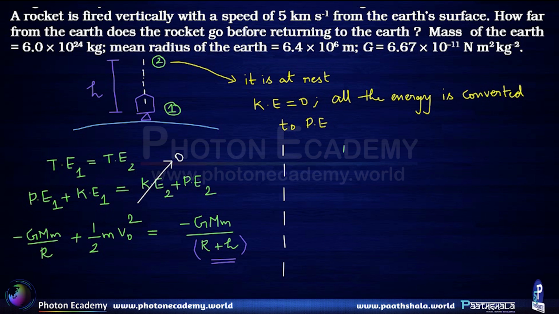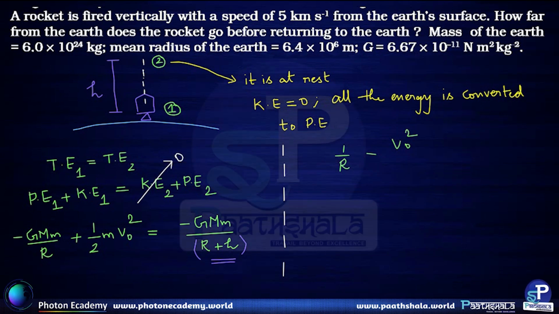1 by R minus v naught squared by 2GM is equal to 1 by (R plus h).